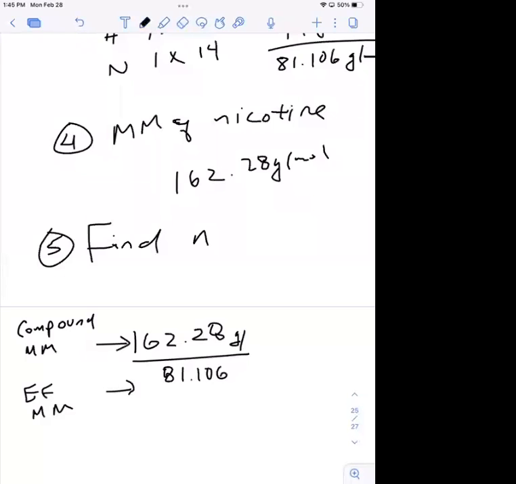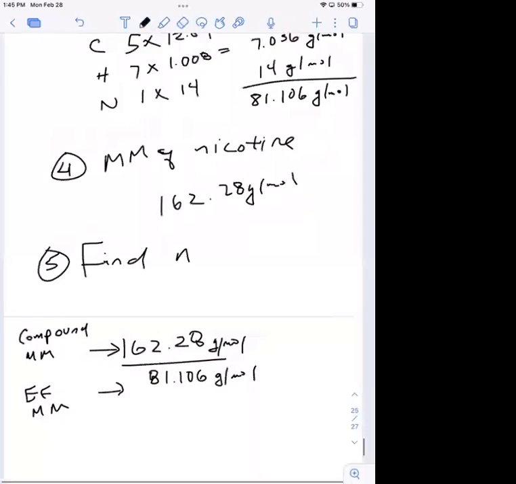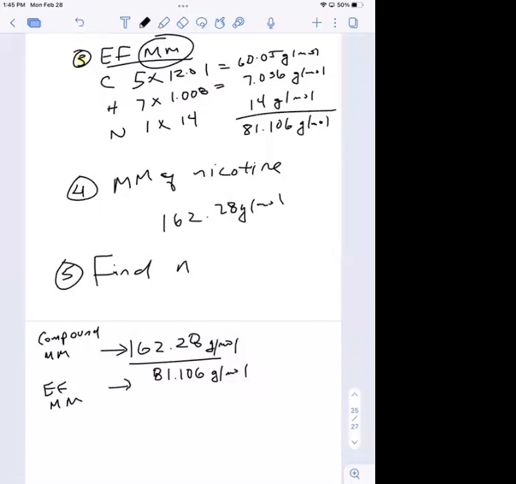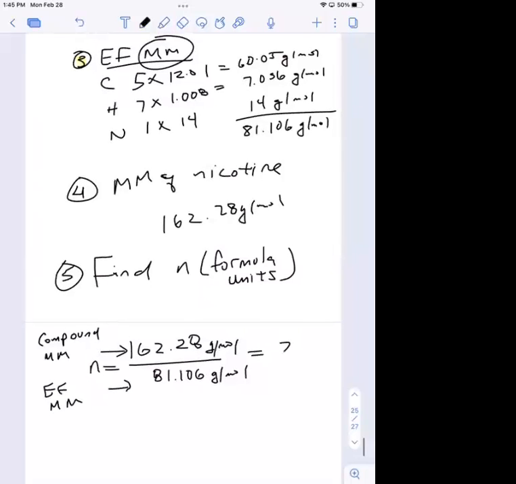And this is in grams per mole. This is in grams per mole, so they're going to cancel each other out. What do you have? What do we have for that? 2. 2. Good. So N is 2.